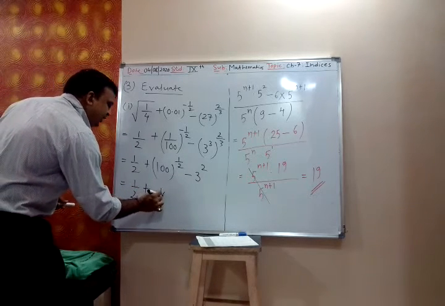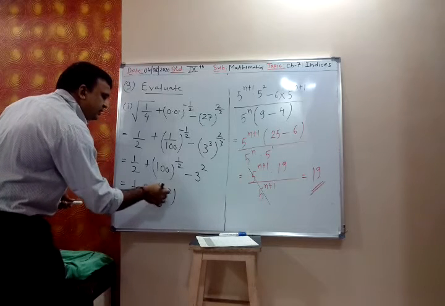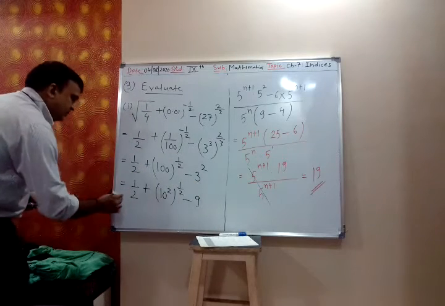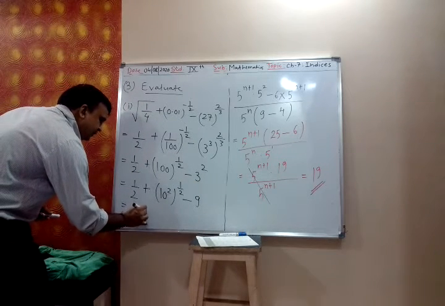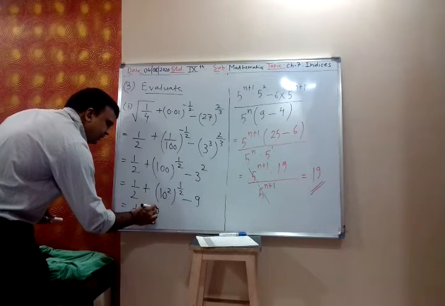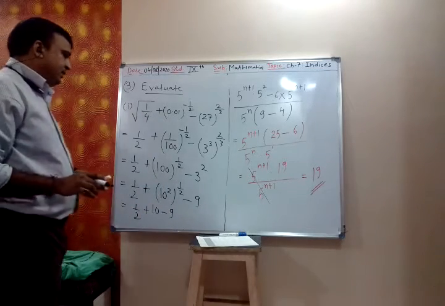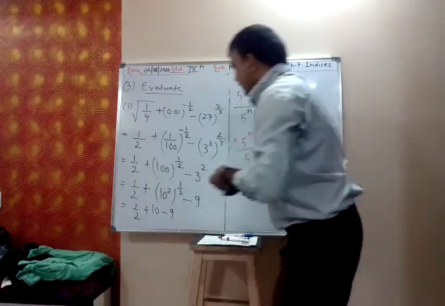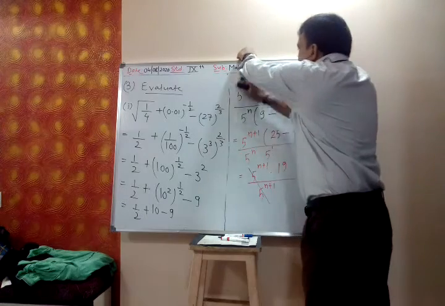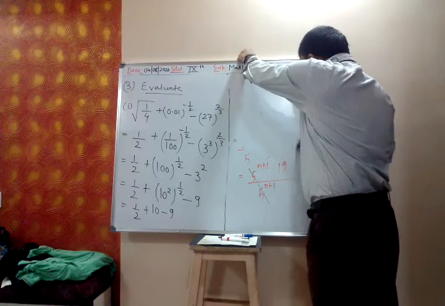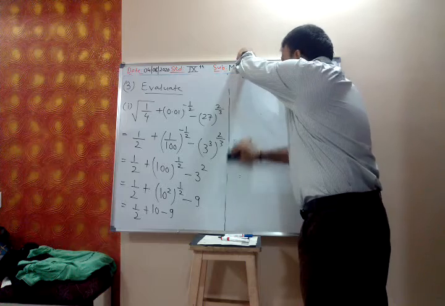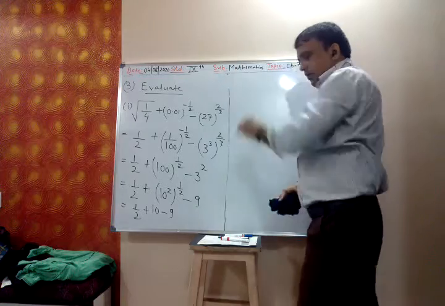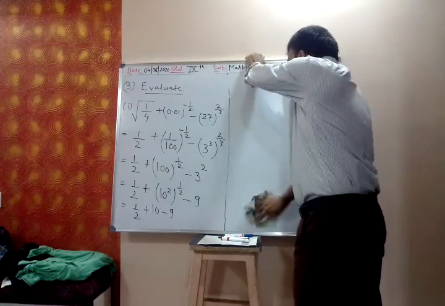So that is half plus 100, I can write as 10 raised to 2, 10 into 10 is 100, so 10 raised to 2 raised to half, minus 3 raised to 2 which is 9. So half plus 10 raised to 2, the 2s get cancelled, 10 minus 9. 10 minus 9 is 1, so half plus 1, you take the LCM afterwards. 3 upon 2 is the correct answer.